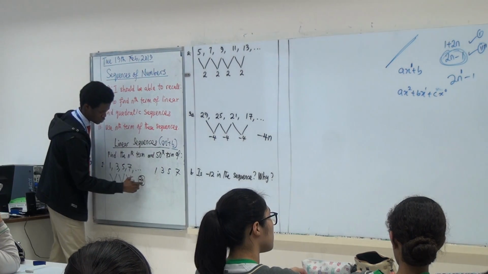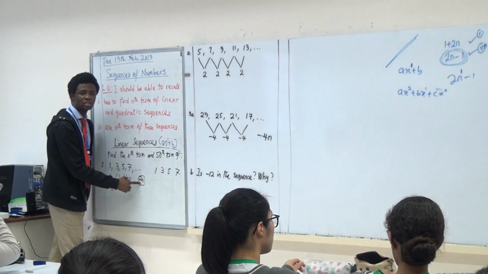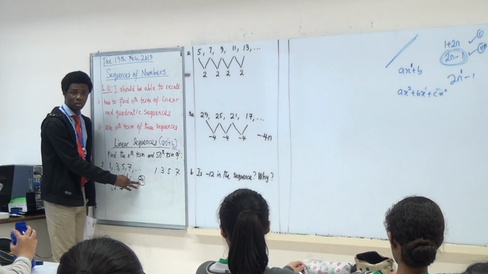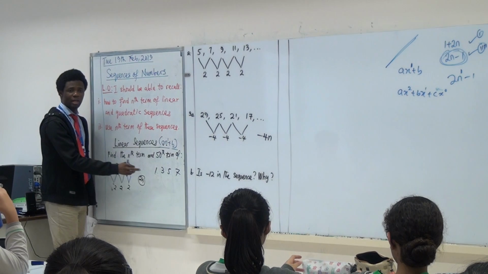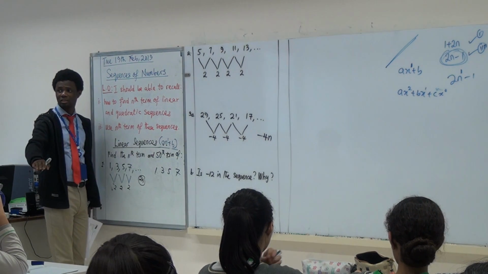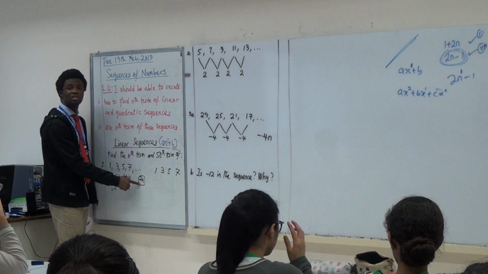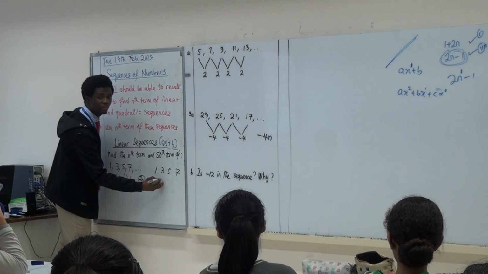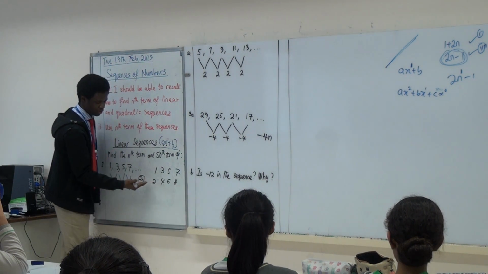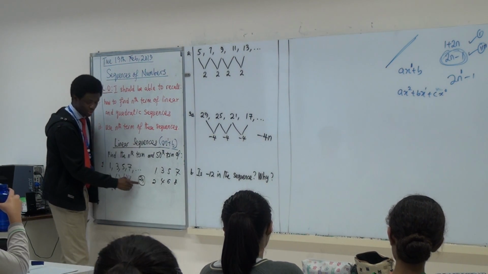When n is 1, the first term is what? Assuming this is your final result, when I put n is 1, 2, 3, 4, I'm supposed to get the first, second, third, fourth terms. So when you put n equal to 1, what is the first term? 2. Second term? 4. Third? 6. Fourth? 8.